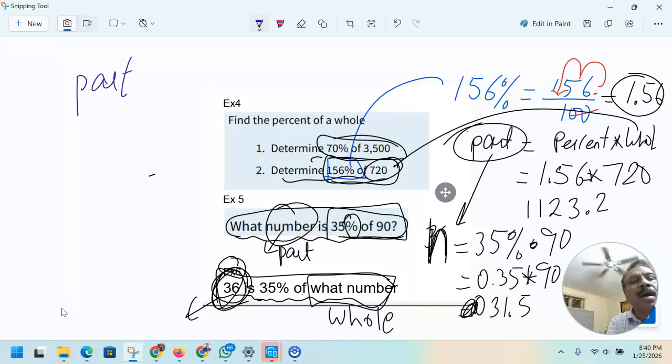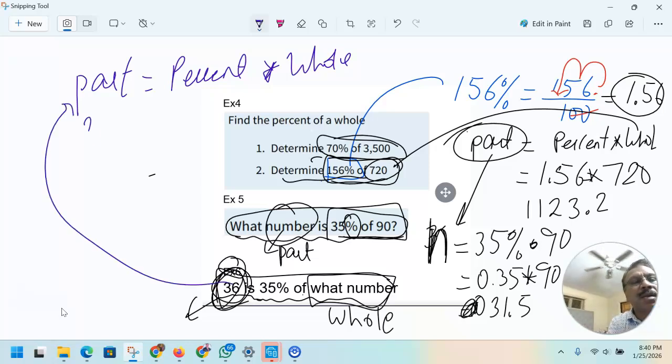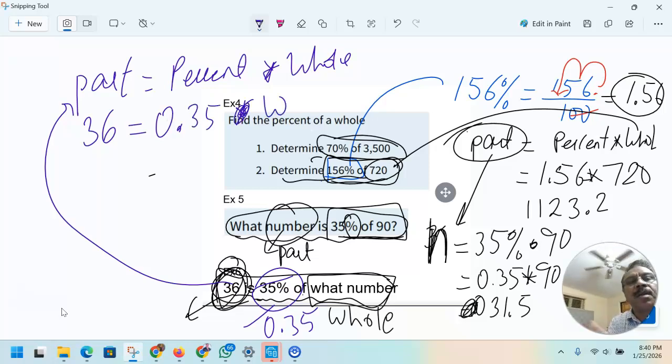Remember the formula: part is percent times whole. You are given the part, so 36 goes here: 36 equals, and the percent is 35%. The moment you say 35%, you should be thinking 0.35. And the whole is what you don't know. Either you put W or you could write B also.